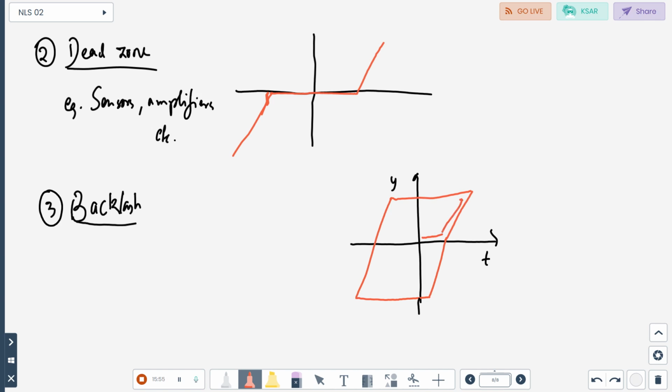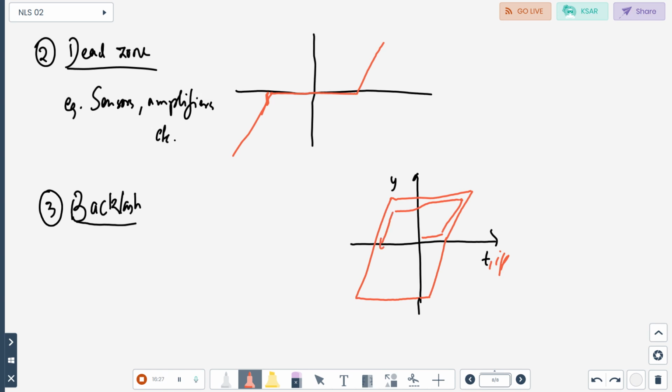Now if we decrease the input back, we expect the same behavior that we experienced in the forward motion, but that does not happen. The output will not change at all with respect to the input or time for a certain period, and then starts to decrease.